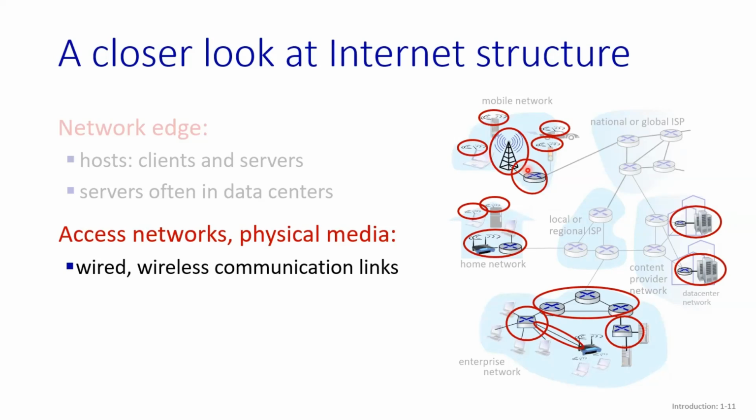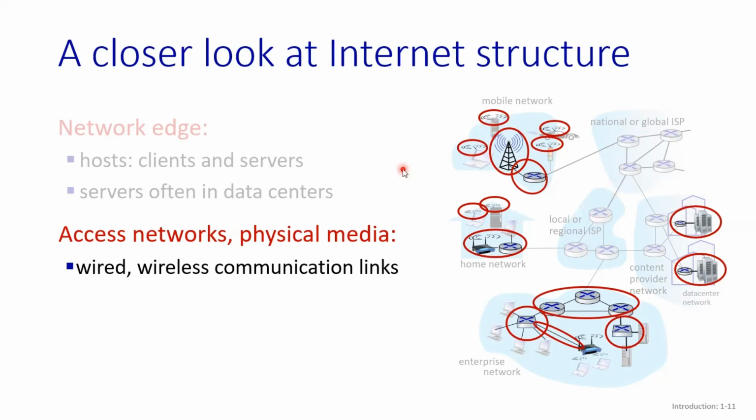So let's say this router over here is known as the edge router, and here we have this router, which is also called an edge router. Through these edge routers, we have connected these devices to the internet.